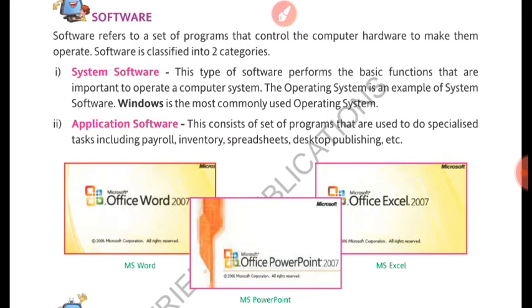If there is system software in the computer system, then you can use the application software. These are used to perform specific, user specific tasks, like MS Word, MS Paint, MS Excel. Application software is for the application of the user, for the specific purpose. The system software is for the system, for the hardware. Remember that.